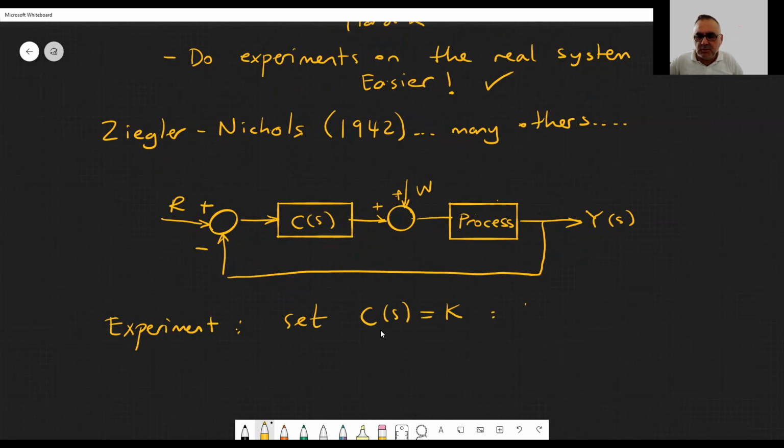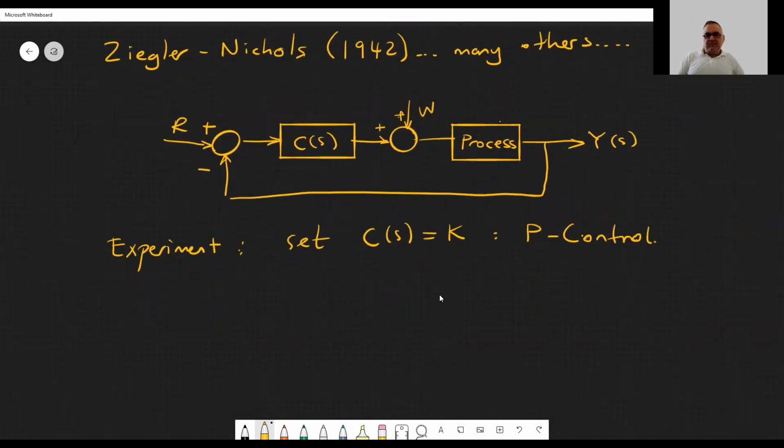So it is a P control only. What happens under P control is, if you increase the gain of the controller, eventually your system output is going to become oscillatory.